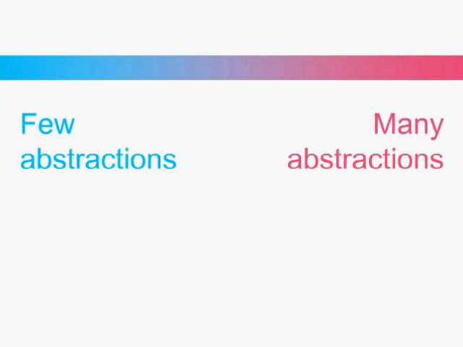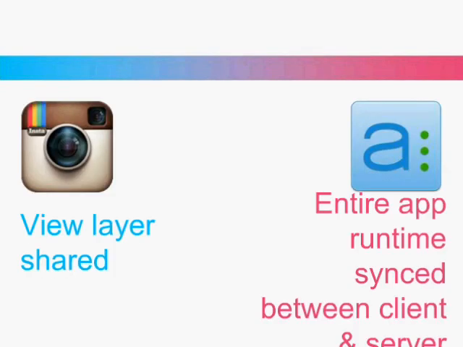So for an example here, on the one end of the spectrum is Instagram.com. So you might not realize this, but Instagram.com is all written in React.js, which is Facebook's UI component library with reactive bindings. And so they share their view layer. Because it's all written in React, it's actually a Django app. The web app is written in Python, but the views are all written in JavaScript with React.